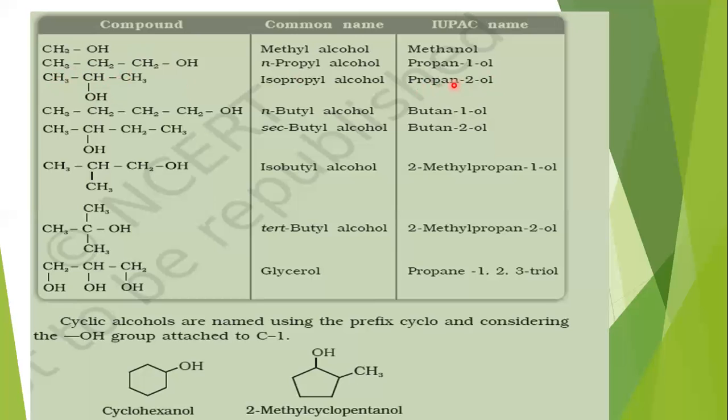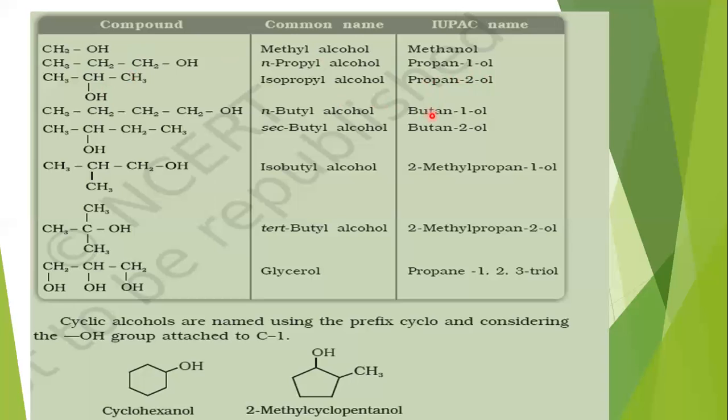What we have done here is replace E by OL. So this is propanol. But what is the position of the OH group? OH is present at the second carbon, so it should be prefixed. It is indicated before OL. So propan-2-ol.